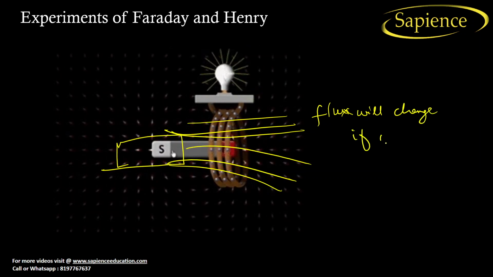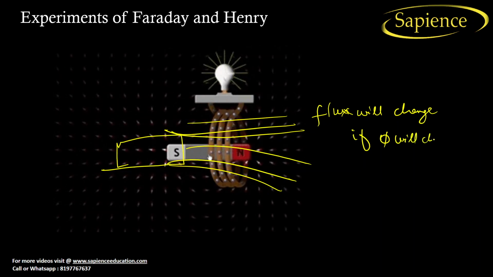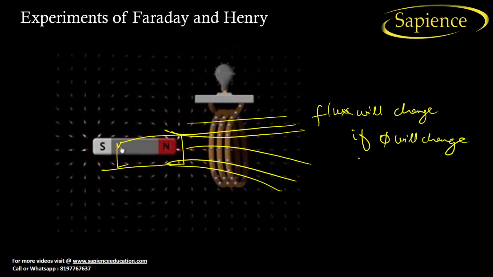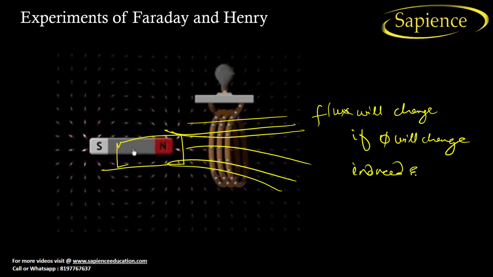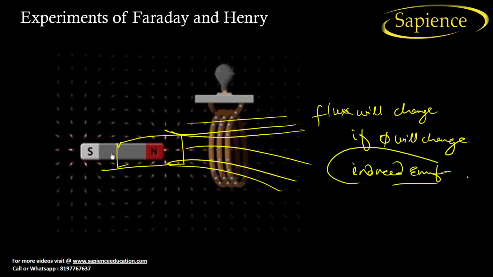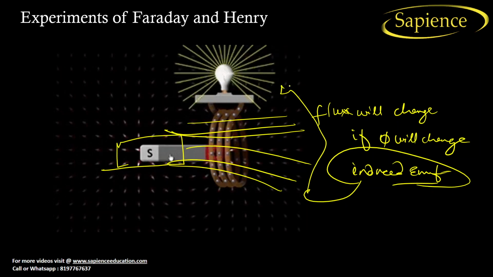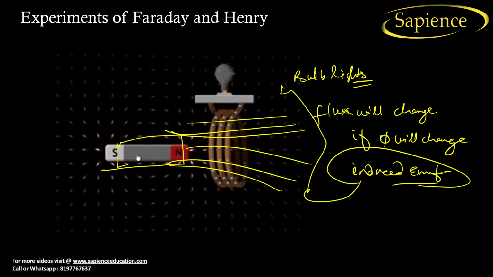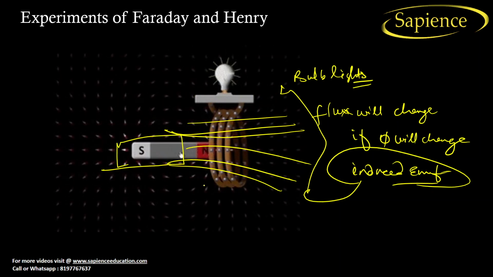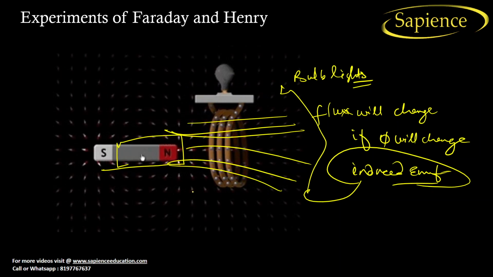And if flux, phi, will change, it will create an induced EMF. And due to this induced EMF, the bulb lights, right? So this is the experiment that has been done by Faraday and Henry.